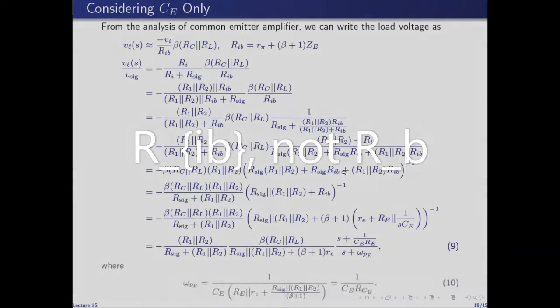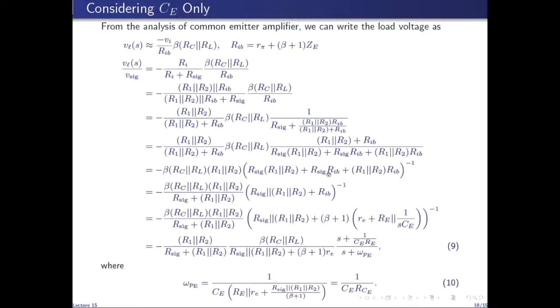So I'll be left with RB here. And when I take this term out common, I'll have in the denominator R sig plus R1 in parallel with R2. So this numerator divided by that denominator will give me the parallel combination of R sig and R1 in parallel with R2. So this is the term I took out common from this term here. Because of this inverse, that term which I took out common will appear in the denominator of this term.